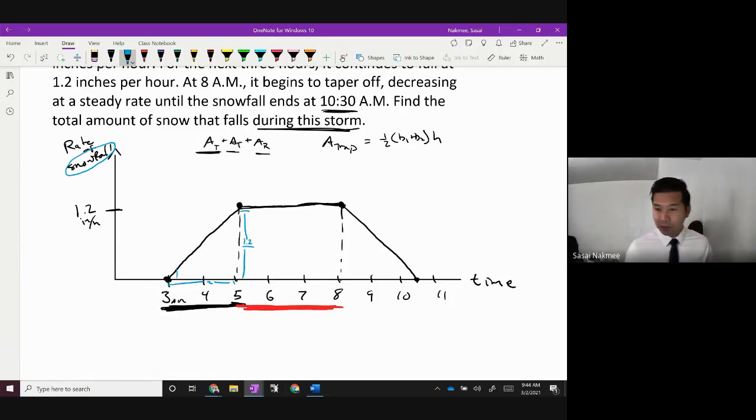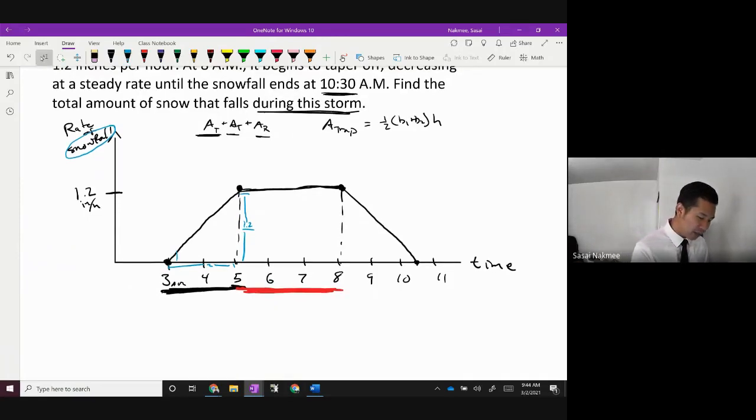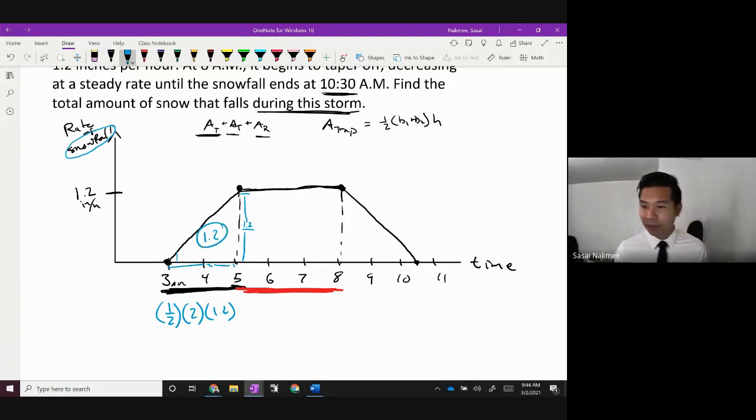That's just going to be 1/2 times the base, which is 2, times the height, which is 1.2. The 1/2 and the 2 cancel out, so that gives me an area of 1.2. That's the area of that triangle right there.